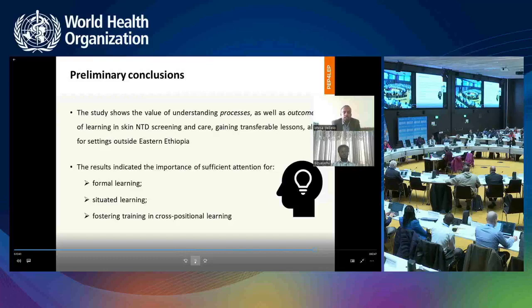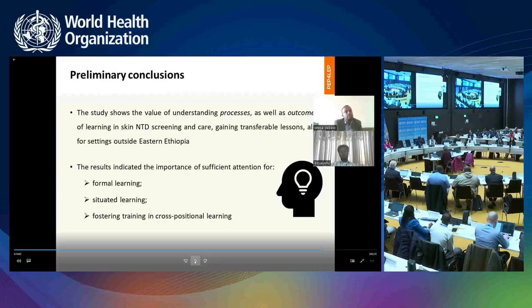The study shows the value of understanding processes as well as outcomes of learning in skin neglected tropical disease screening and care, and skill transfer are also important for settings outside Eastern Ethiopia. The other parts of Ethiopia should also consider this.